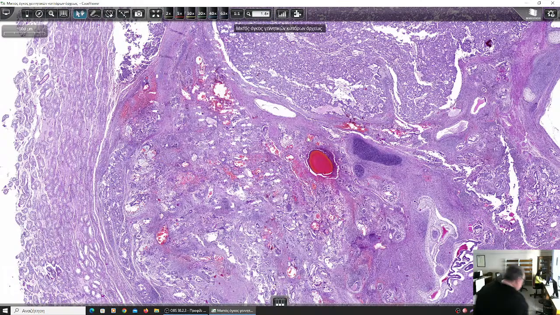We should pay attention and not overdiagnose the presence of single syncytiotrophoblastic cells secreting human chorionic gonadotropin up to levels of 500, 1,000 in the serum, and not overdiagnose a choriocarcinoma, which is the most aggressive tumor of them all.